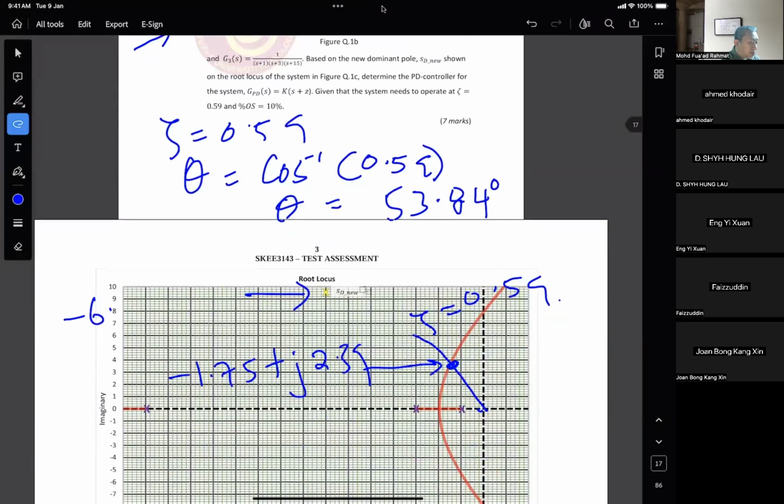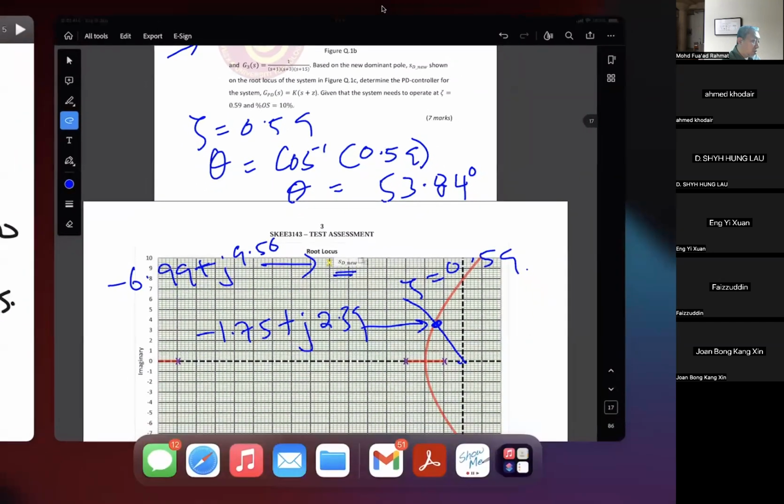What is the value here? From your reading, 6.99 plus j 9.56. Okay. So we want this new operating point. So design the PD controller.